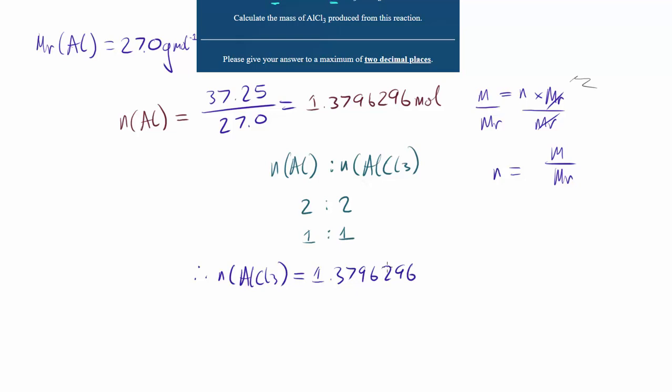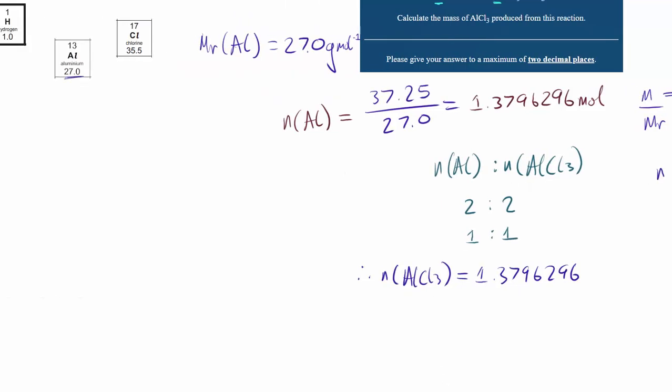Because of that, the main thing we need to do now is convert this number of moles back into a mass. How do we do that? Well, we're going to need some more information: the molar mass of AlCl₃. I would invite you to refer to your periodic table and have a go at working that out.